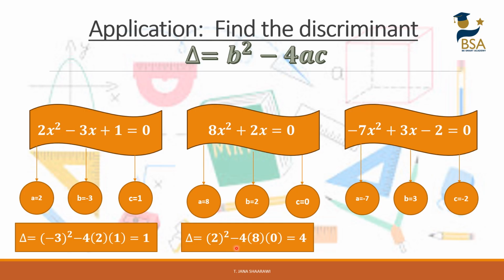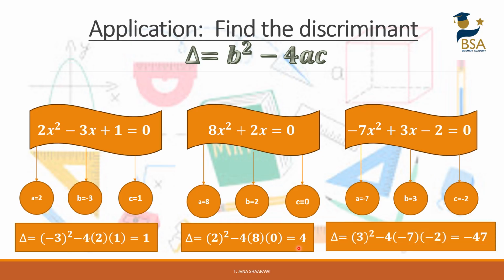So it's equal to 2 squared minus 4 times 8 times 0, it's equal to 4. So here delta is equal to 4. The last one, delta equal b squared minus 4ac. So it's 3 squared minus 4 times minus 7 times minus 2, which is equal to minus 47.